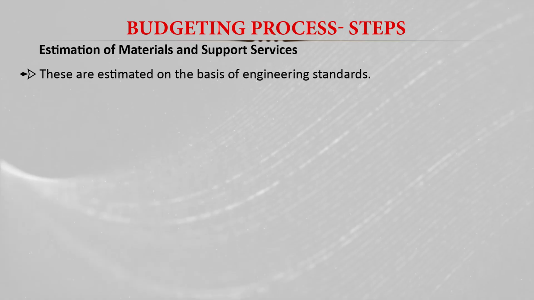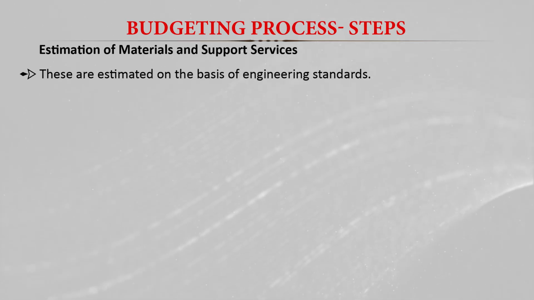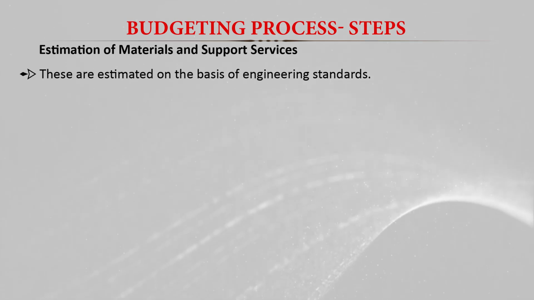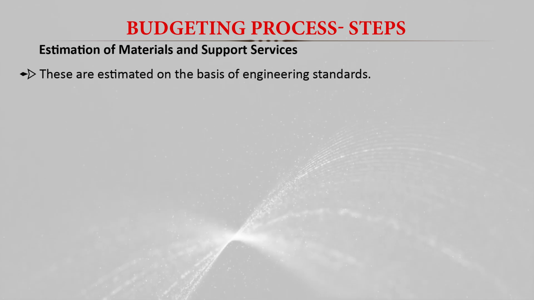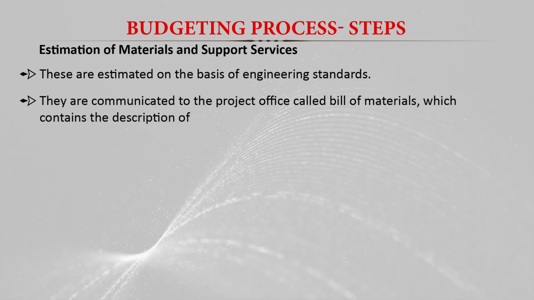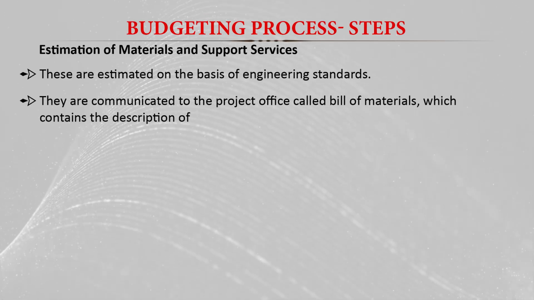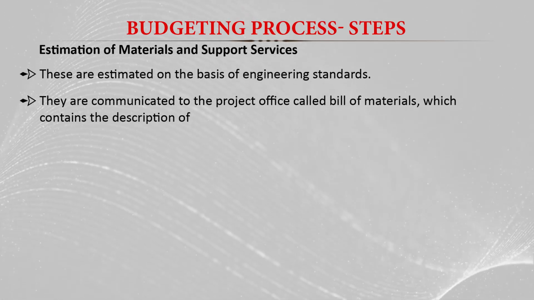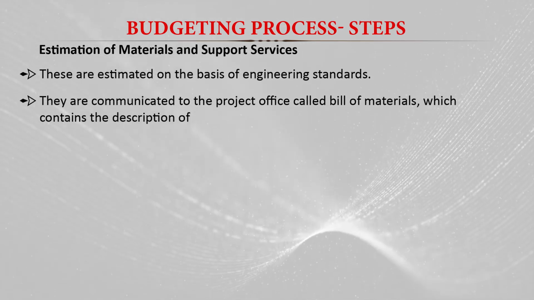Some technical information is required to estimate the material and support services for the project. This technical information, or engineering standards, is communicated to the project officers, and that is called the bill of materials.